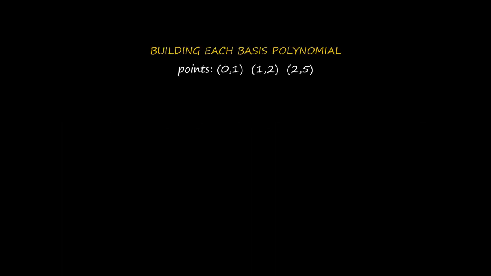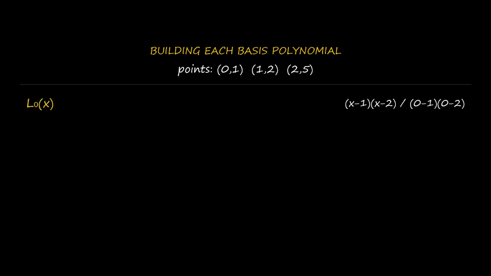Building each basis polynomial. For our three x values 0, 1, and 2, here's how each basis polynomial is built. L sub 0 of x equals (x minus 1) times (x minus 2) over (0 minus 1) times (0 minus 2).